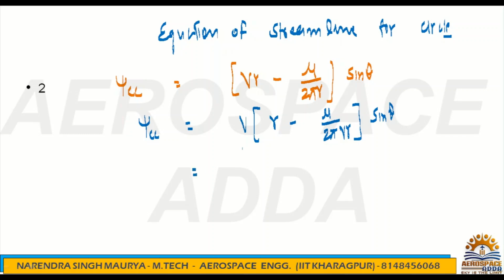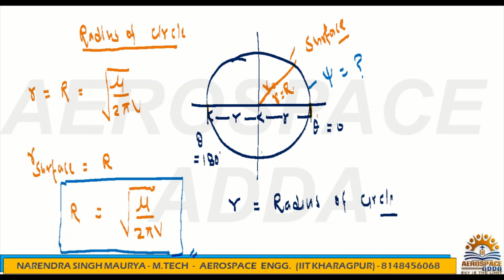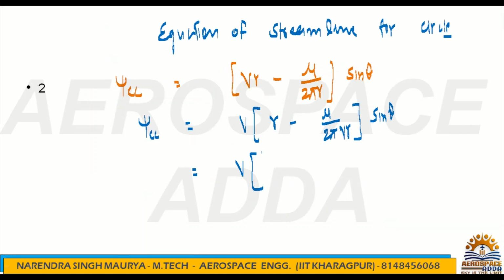Now see, what is the radial value r at the surface of the circle? It's small r. Just now you have written root of mu upon 2 pi V. That is the value, mu upon 2 pi V. It's nothing but root of mu upon 2 pi V for r, and multiplied by sine theta.